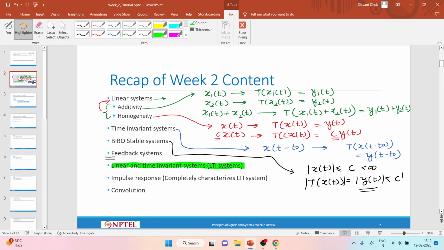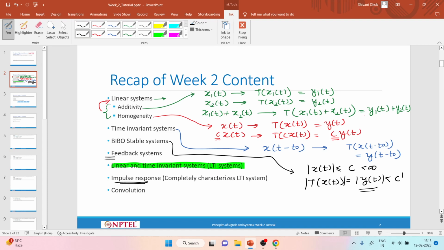If a system is linear as well as time invariant, then such systems are known as linear and time invariant systems, or in short, LTI systems. A very special property of this LTI system is that its impulse response completely characterizes it.